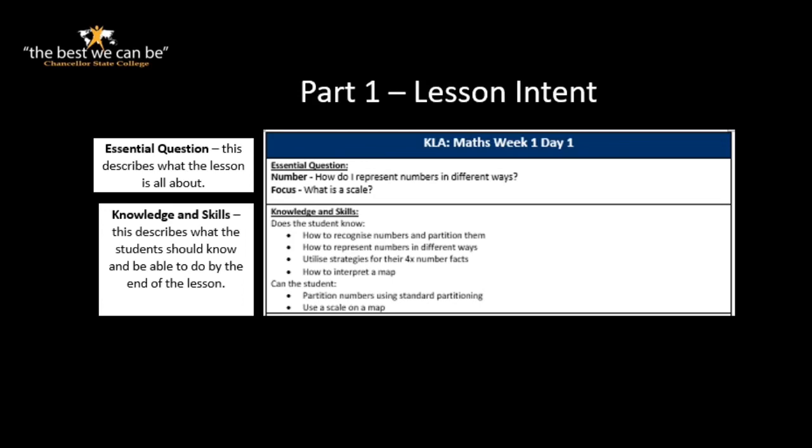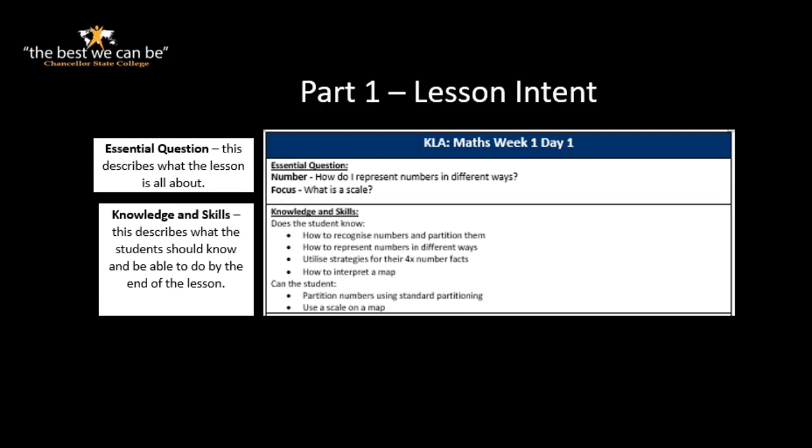The first part of the lesson plan structure is the lesson intent, and it's broken into two parts. The first part is the essential question, and basically this just sums up what the lesson is about. The next part is the knowledge and skills, and this describes what the students should know and be able to actively demonstrate by the end of the lesson.